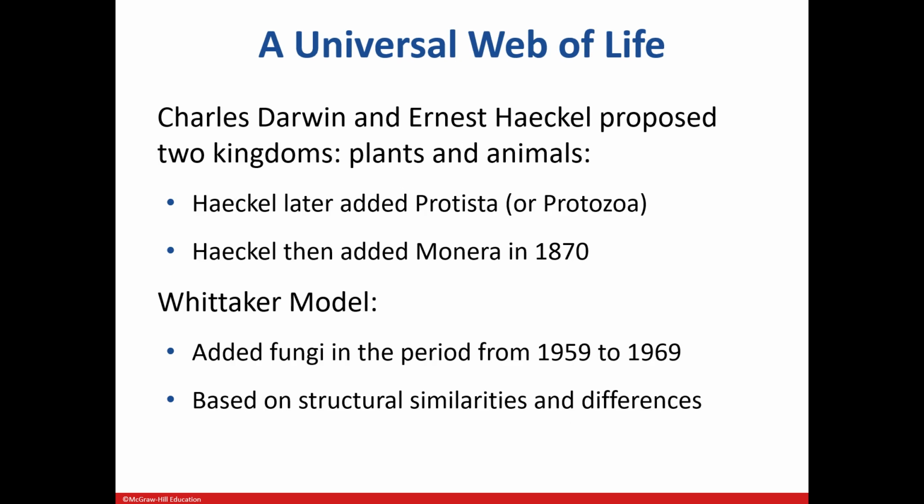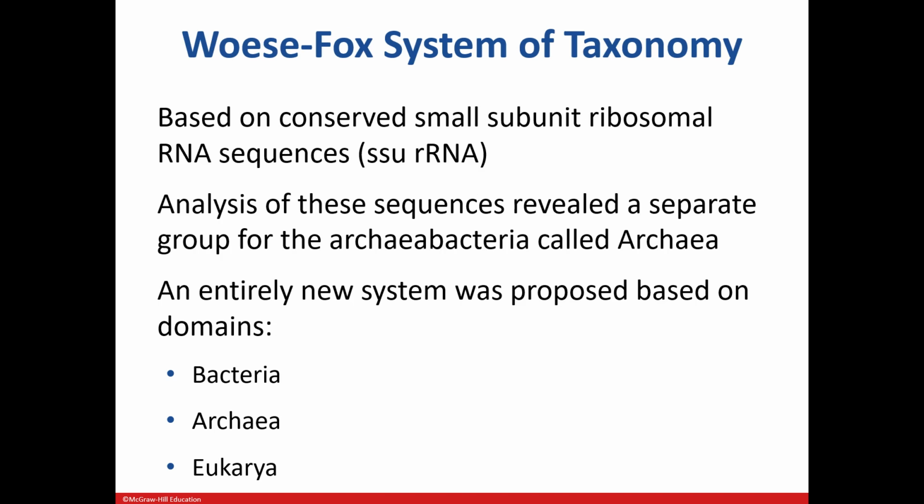Initially, Darwin and Haeckel identified two kingdoms, plants and animals, with Protista and Monera being added later. Whittaker took it a step further and added fungi to the list. Woese and Fox developed the three major domains that we are familiar with based on genetic differences, these three being bacteria, archaea, and eukarya.